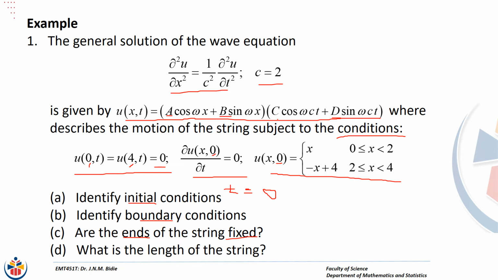Number 4, which is D, we are asked what is the length of the string? The second boundary condition gives us the length of the string. The length of the string is 4. If E was asked, what is the speed of this wave, we would know the speed of this wave is 2, because we've been given that the value for c is equal to 2.